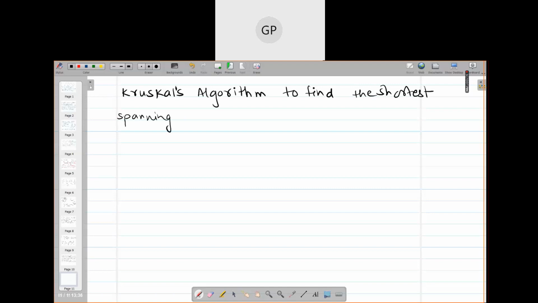Now we will have an algorithm called Kruskal's algorithm to find the minimal spanning tree or shortest spanning tree. Why do we need an algorithm for it?